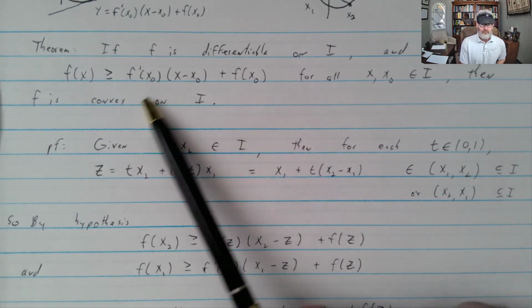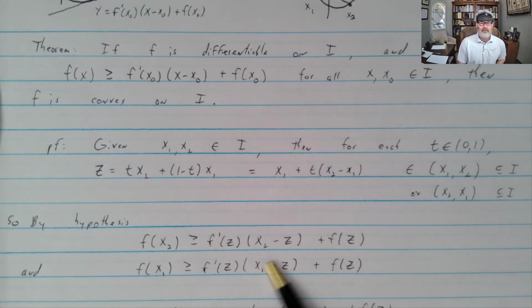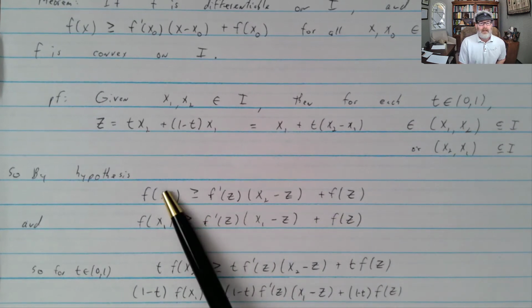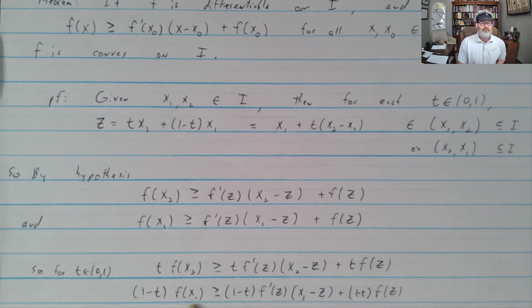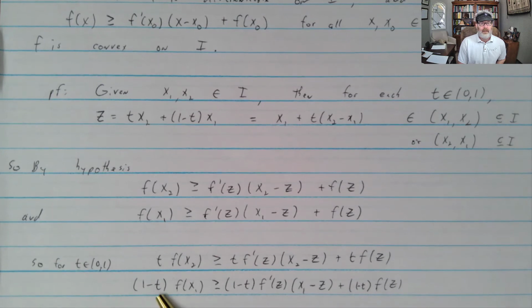Similarly, you can replace x with x₁ and x₀ with z. So we get this line. I'll multiply this top line by t, where t is in the interval from 0 to 1. So t is positive, so it won't change the inequality. And I'll multiply this bottom equation by 1 minus t.